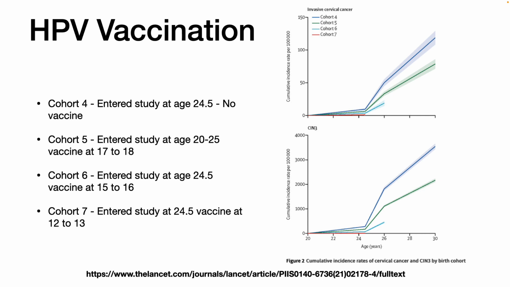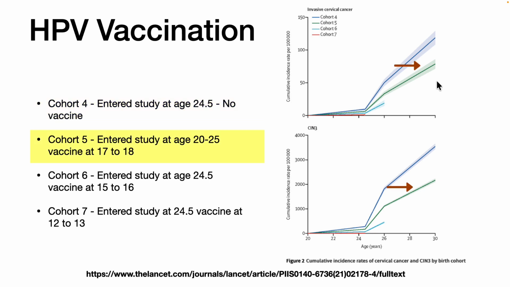This graph shows the important effect it has been having on the decrease in the incidence of the disease. If you look at the incidence of invasive cervical cancer, and we look at different cohorts, cohort 4 here entered the study at age 24.5. So this is after they were sexually active.